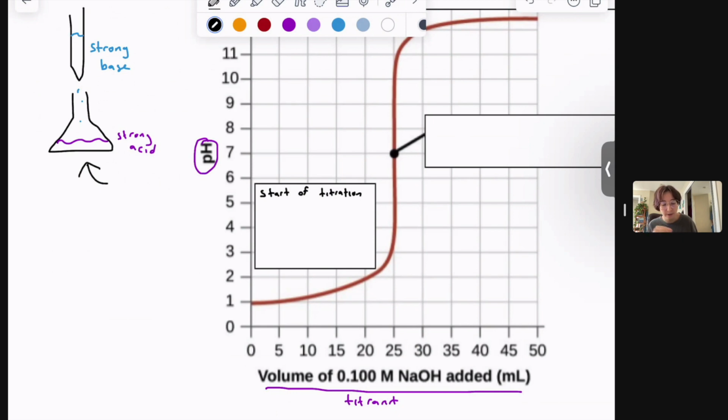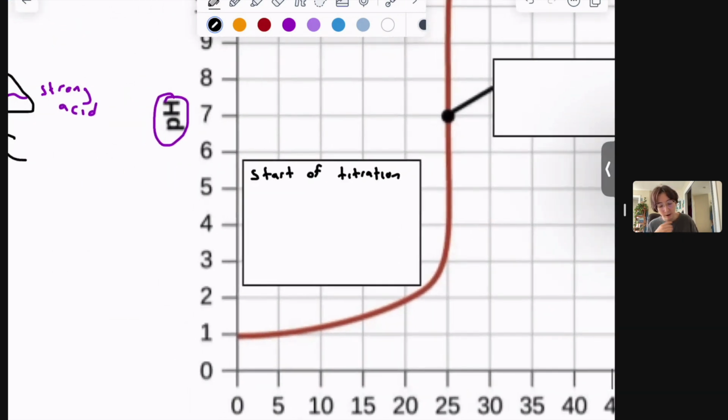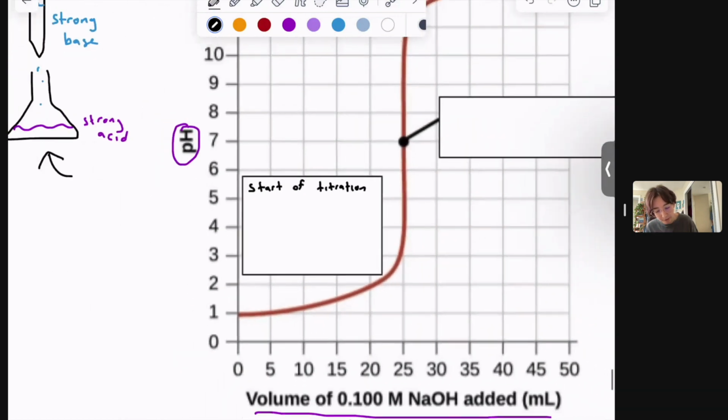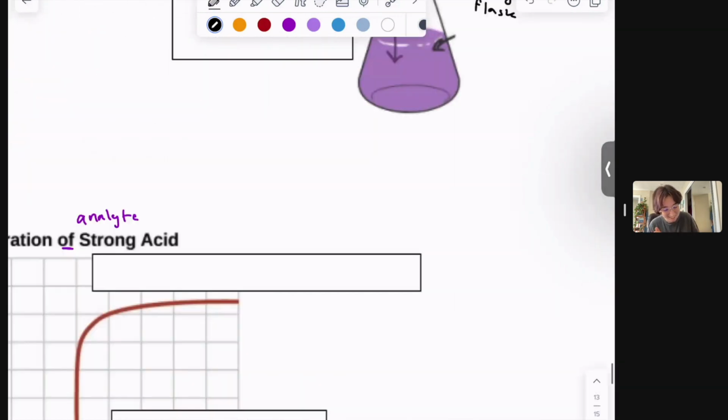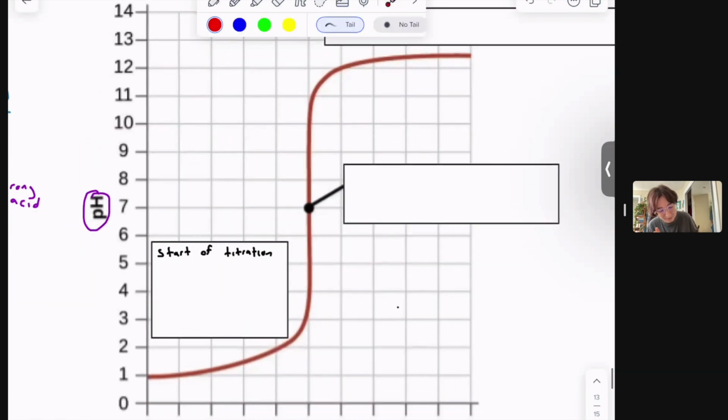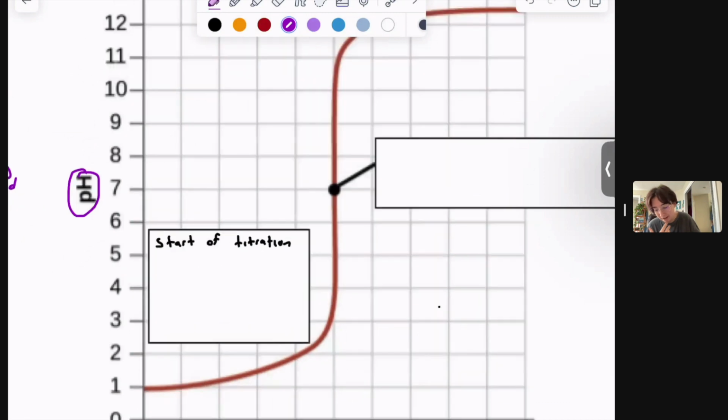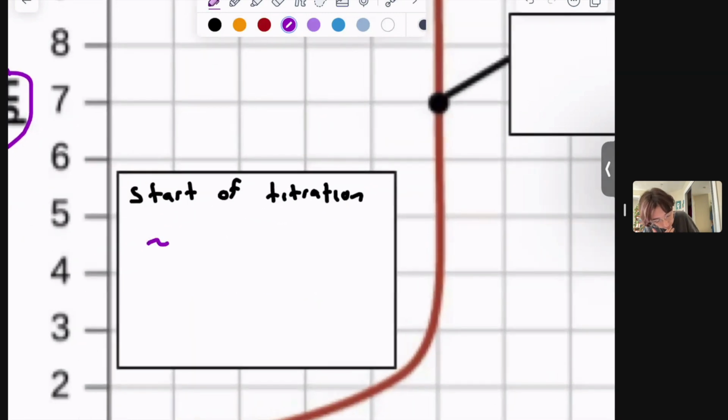This first flat part, at the beginning of this, I haven't added very much base yet. So in my flask, there's more acid, whatever your starting material is.